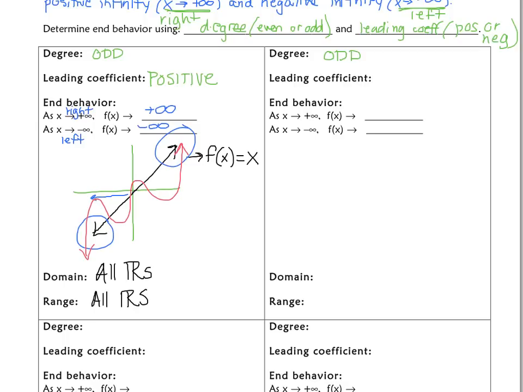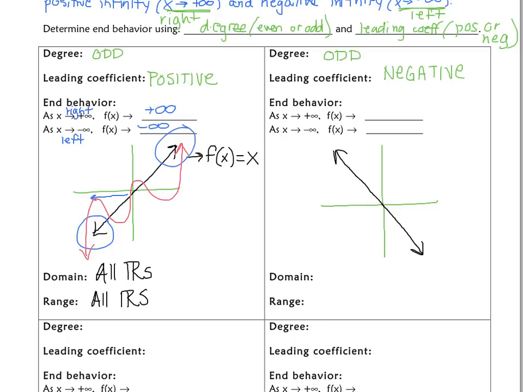Okay. Back to the next example, we have an odd degree, but the leading coefficient is negative. So again, the most simplistic example of this would be a line, because that's an odd degree. And now if the leading coefficient is negative, that line would have a slope that's negative, so it would be going down. Okay, so end behavior.